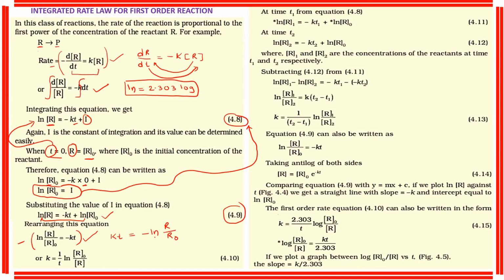To remove this minus, I can send the numerator into the denominator and the denominator into the numerator. So after doing this, you are going to get Kt is equal to ln R naught by R. Again you send this t also across. Now this is the final expression we are going to get. This is a very important expression.